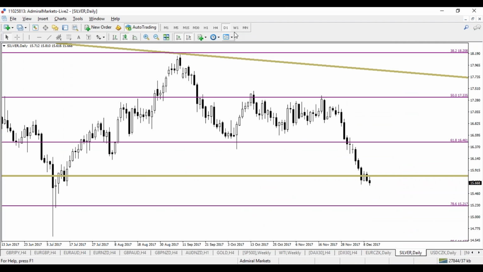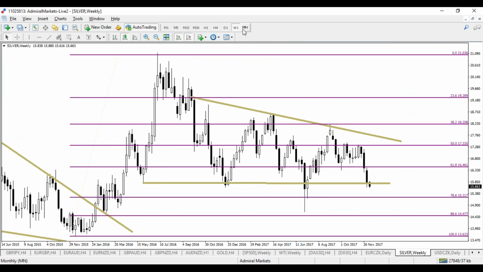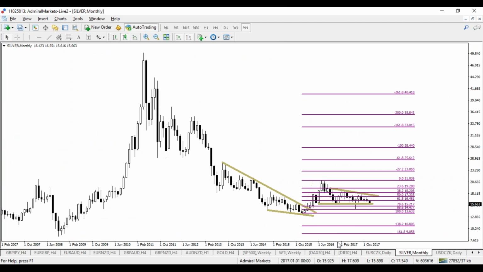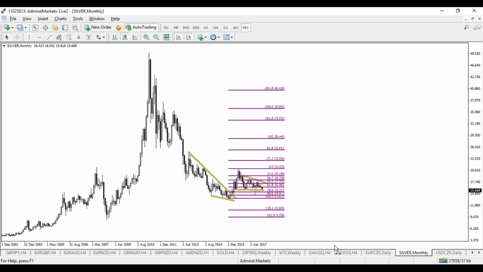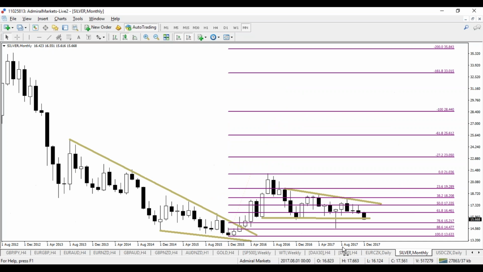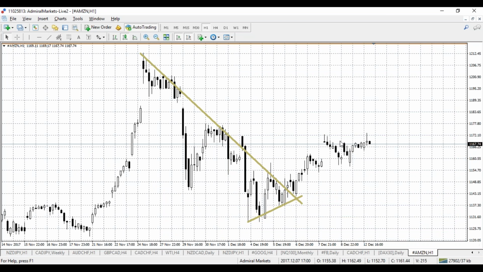Silver also falling. Pretty low volatility on this one for these time frames at least. But getting back to support, so let's see. Could be a bouncing spot for silver. All right, otherwise, let's scroll a little bit further down this list. Amazon broke to the downside, but the breakout has been quite mild so far.